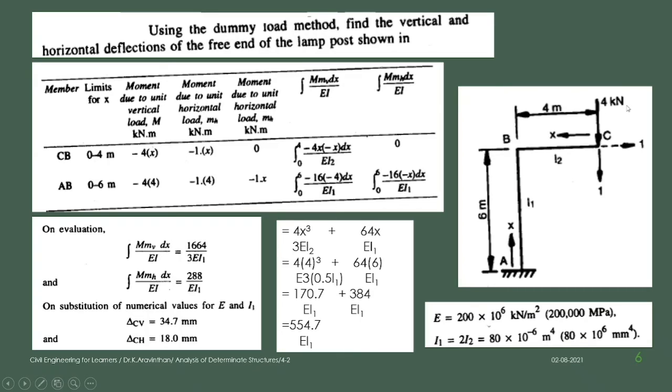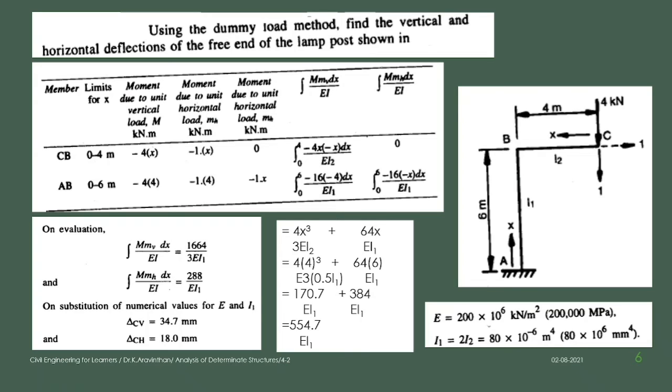Okay. What is the formula here? Integral of 0 to L, capital M small m divided by EI into dx. So this is a general formula. How many sections are there? You have two sections, that is A and B is an element and B and C is another element.